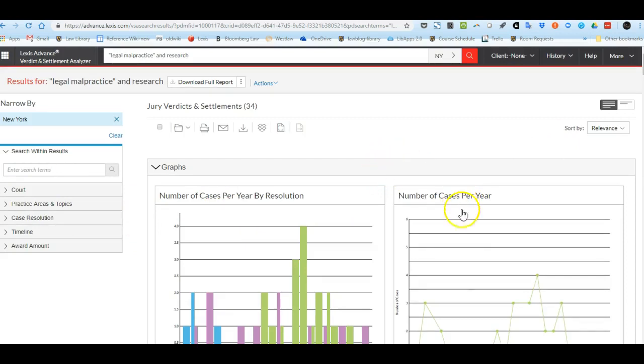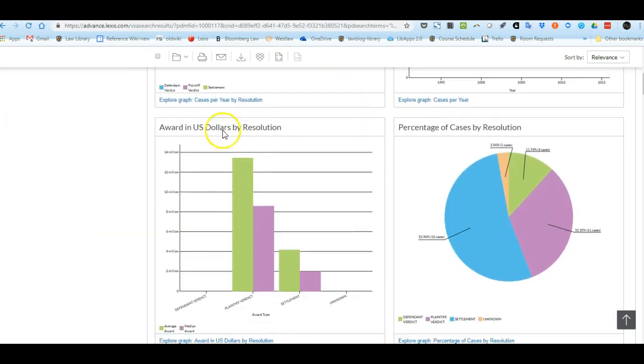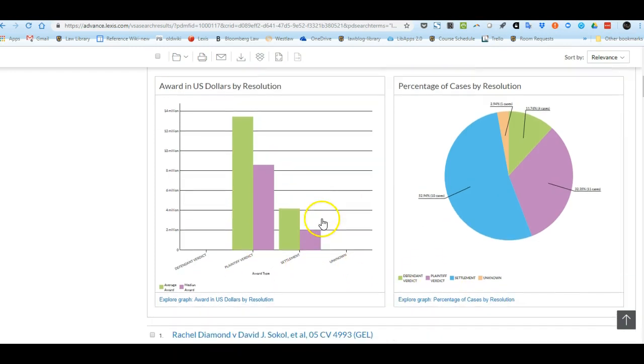And one reason this verdict analyzer is more interesting is it gives us some of this chart information which may help. So I don't know, number of cases by resolution, number of cases per year, but you get a sense of the award range in dollars, where the verdict was for the plaintiff, the median award, the average award.